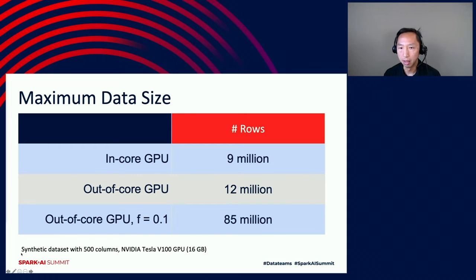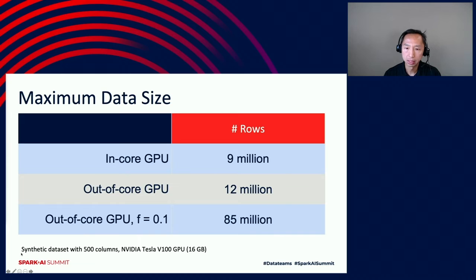Once we implemented this algorithm, we tested on a synthetic data set we generated. It has 500 columns, and the data is just generated randomly. We tried it on an NVIDIA V100 GPU, which has 16 gigabytes of memory. If you keep everything in memory, for this particular data set, we can fit about 9 million rows in a single GPU.